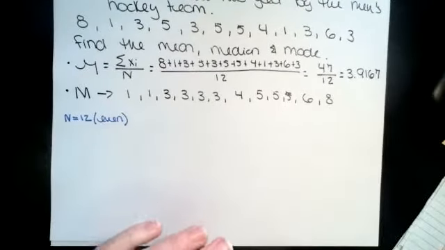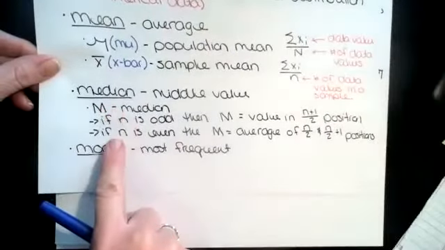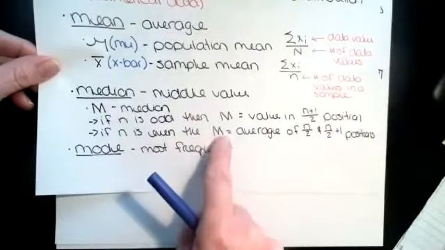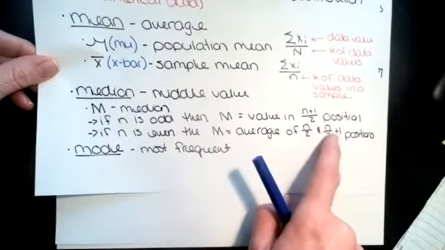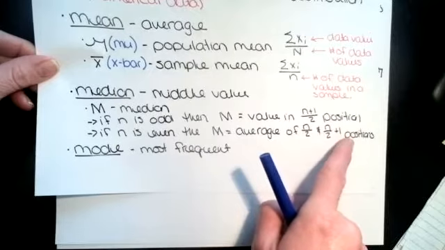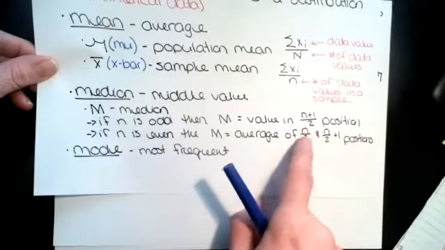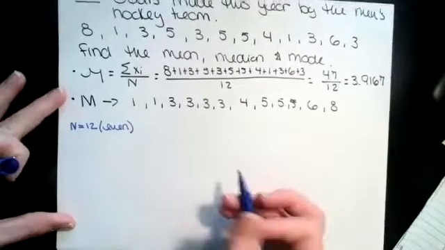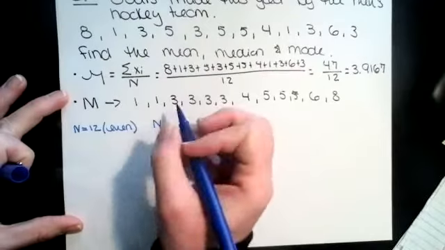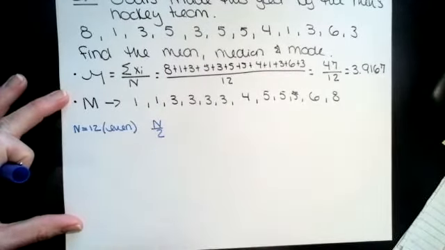So if we look back at our notes for our median, if n is an even number, then I need to take the average of the n divided by 2 and n divided by 2 plus 1 positions, the average of the numbers in those positions. So I need to do that before I can really go on. So what I'm looking at is n divided by 2, and then n divided by 2 plus 1.